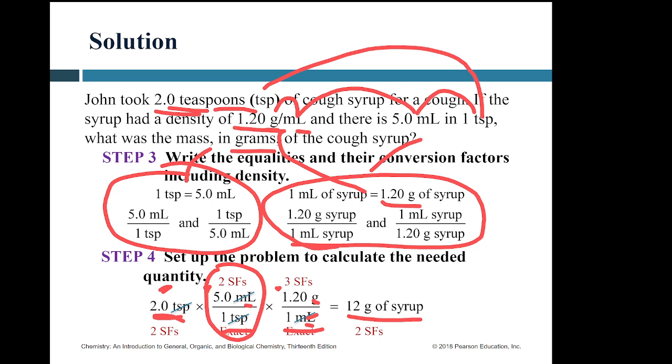Let's say I messed this up. I completely botched this. I should have started with 1 over teaspoon or something. I'm not going to get grams out at the end of this, am I? I won't be able to cancel that into grams. I'd be saying, I can't get rid of teaspoons and get into grams, and that would tell me I need to flip things, don't I?